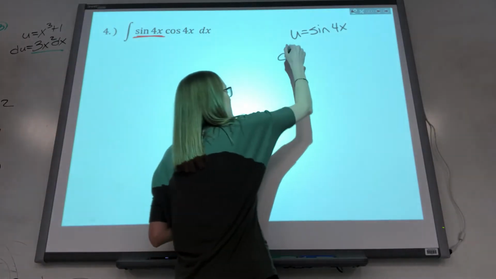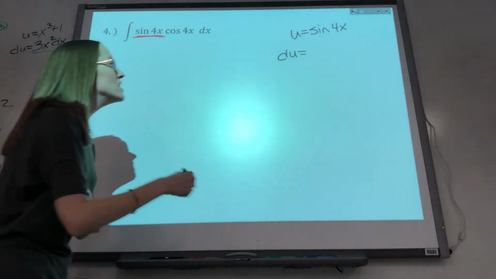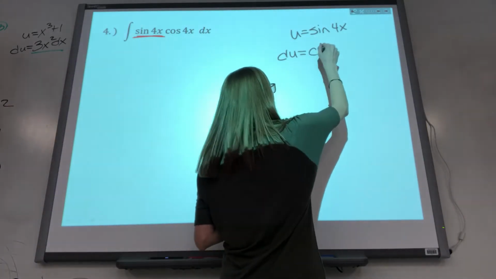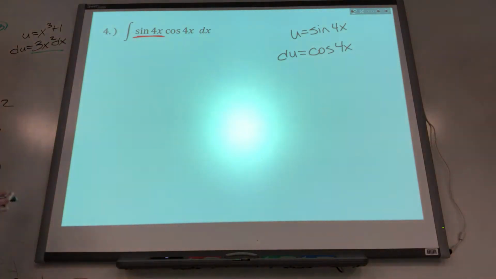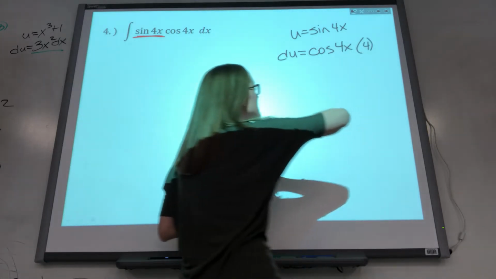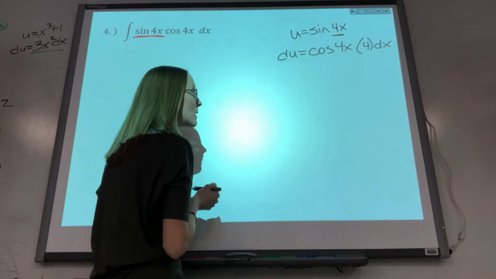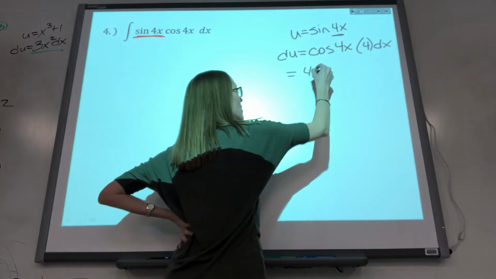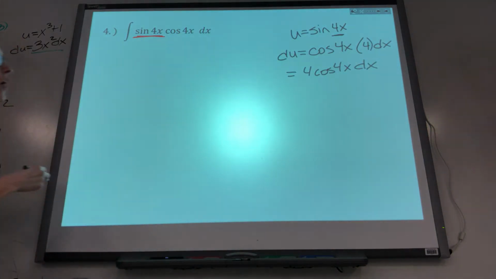Now, to take the derivative of this, we do have to use the chain rule. Derivative of sine is cosine. So I start with cosine of 4x, but I have to come back and take the derivative of the 4x, which is 4. And so du is finally 4 cosine of 4x dx.